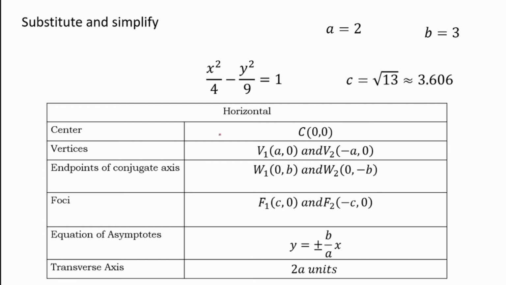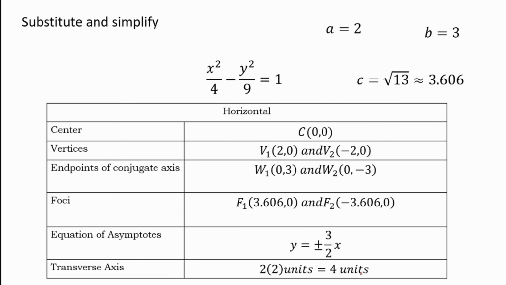Our center is 0, 0 since this is origin. Vertices: V sub 1 is A, 0, and V sub 2 is negative A, 0. Endpoints of the conjugate axis: W sub 1 is 0, B, and W sub 2 is 0, negative B. Foci: F sub 1 is C, 0, F sub 2 is negative C, 0, and this is our equation of the asymptotes. Now we can substitute.